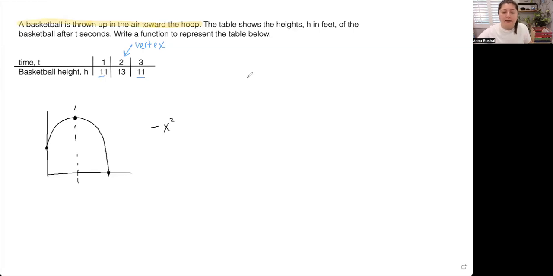So I can say, okay, I've got vertex form. Vertex form is y equals a, x minus h, squared, plus k. So right away I can replace my h and my k with 2 and 13. I'm going to say y equals a, x minus 2, squared, plus 13.